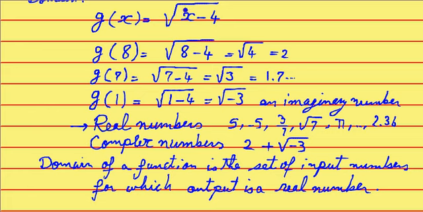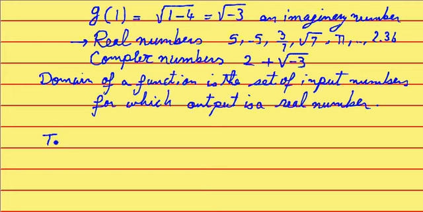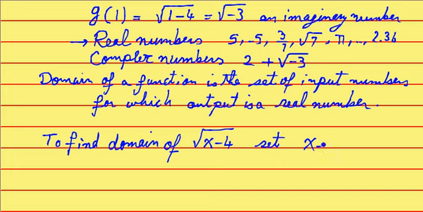Well, if we don't want to get into the headache of a negative number inside of a radical, we have to request that this is either 0 or positive. So say to find the domain of radical x minus 4, set x minus 4 to be larger than or equal to 0.